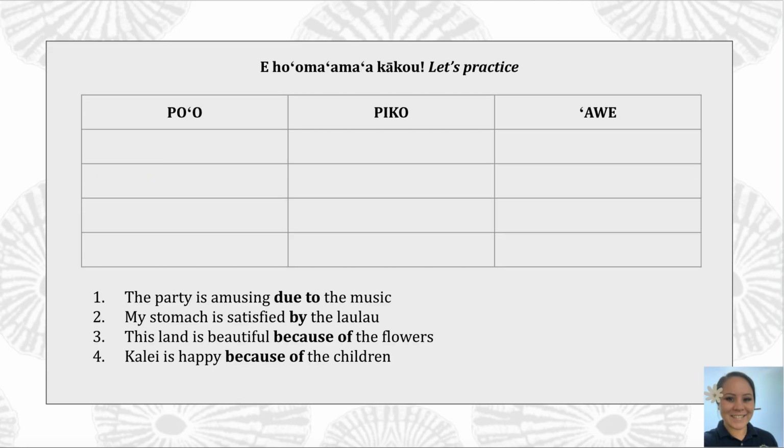So that's ho'oma'ama'a. Using the same po'o piko ave formula, go ahead and translate these four sentences into 'olelo Hawai'i using the a'ano with a cause sentence structure. Pause the video, and then when you're done, you can play and reveal the answer key.